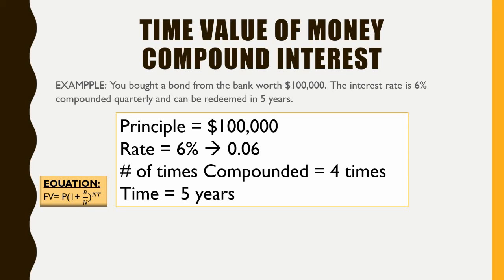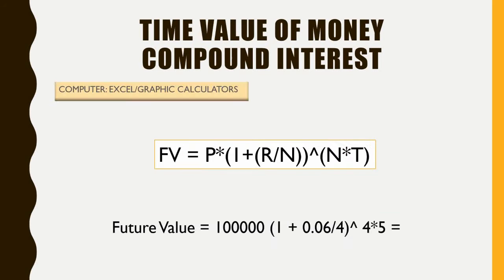We plugged it in. Now the question is, we need to be able to solve for our future value. So this is where I'm going to go ahead and show you how to do it in Excel. Obviously, we're going to do it afterwards, but this is what you're going to punch in your cell.